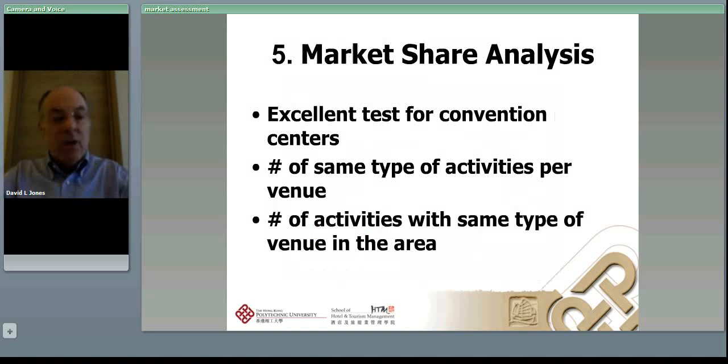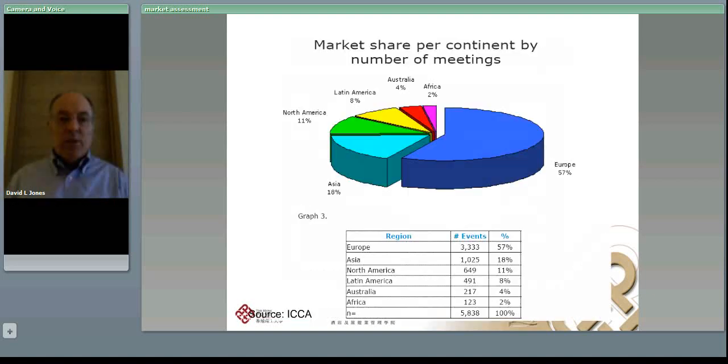In fact, I know that hotels spend a lot of time on market share analysis, and there are companies like the Smith Travel Research people that specialize in this area in particular. Now, this chart here is not really designed to think about an individual facility, but if you look at the number of meetings and break this down by region of the world in terms of what you're after, if you're after meetings from Europe, obviously this is where the largest percentage is, according to ICCA numbers.